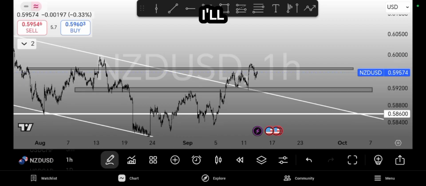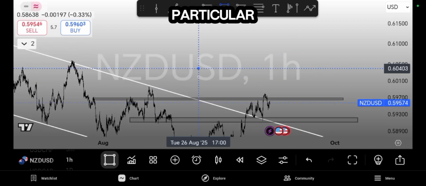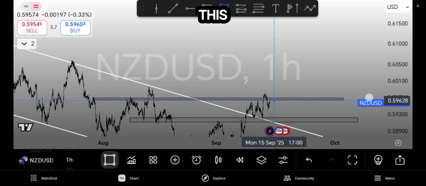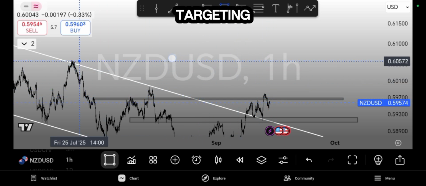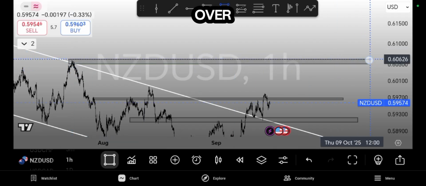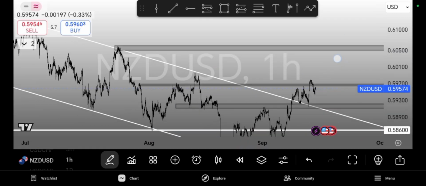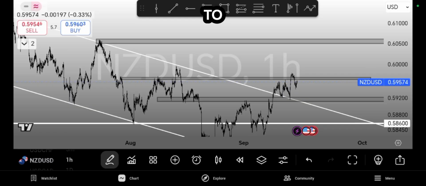At this point, I'll be waiting for the market to break above that particular resistance, this particular resistance over here. And if it breaks and reaches, I'll be targeting this particular high over here. That's what I'll be looking to go for.